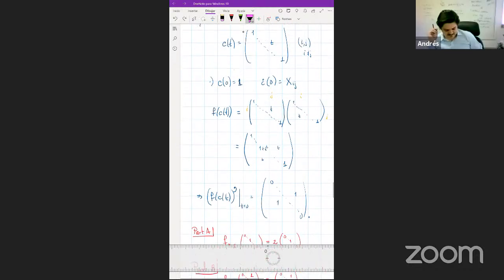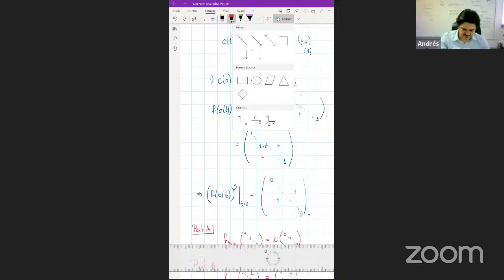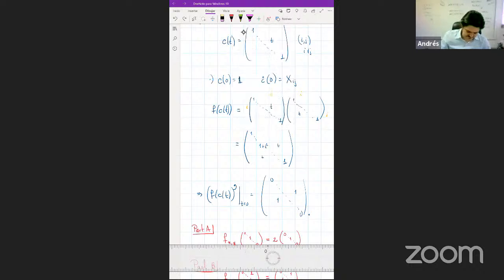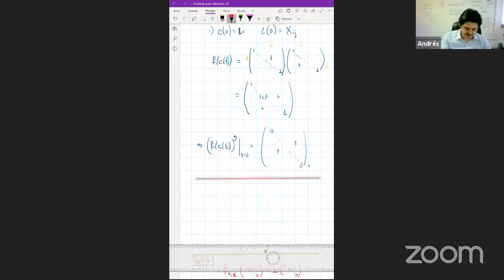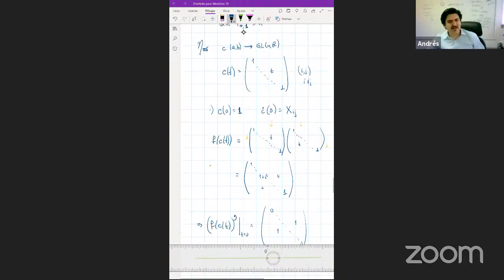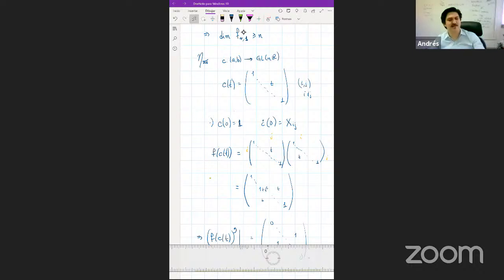Now, the other part that I would like to emphasize here, again, the computation that I show you, I tried to do it like Euclidean space, vectors, but with a different array, a matrix array, not columns or rows.